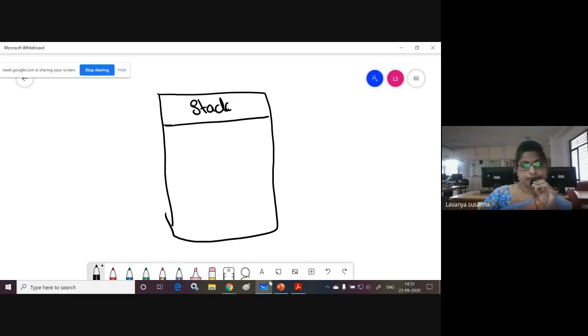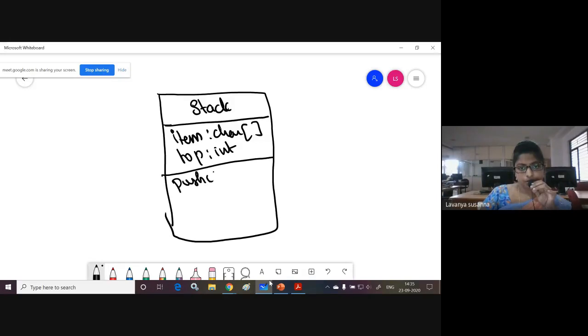Okay, now let us see. What are the attributes? Item, an array name. I took a character array. Next, top, integer. Next, what are the operations? Push, pop, is empty, top. Now see here.